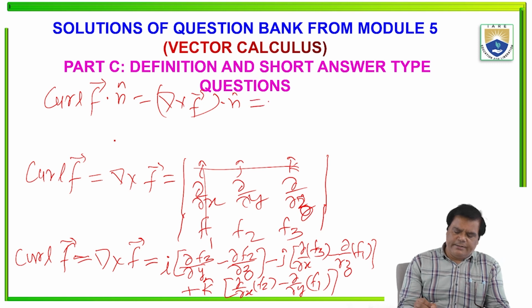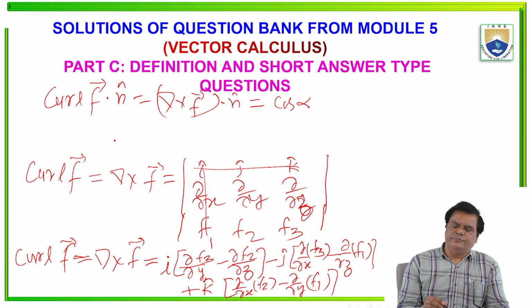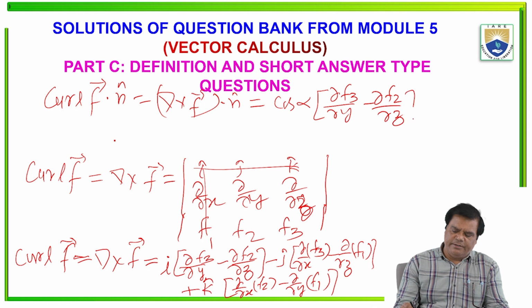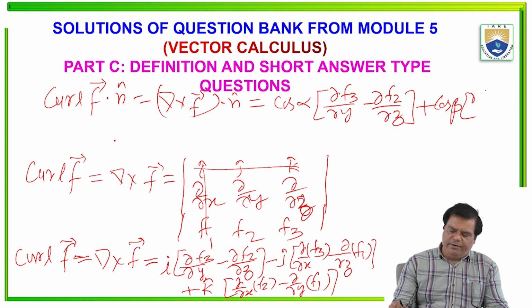Then we get i: here is cos alpha and in brackets dou f3 over dou y minus dou f2 over dou z, plus cos beta, here dou f1 over dou z minus dou f3 over dou x.